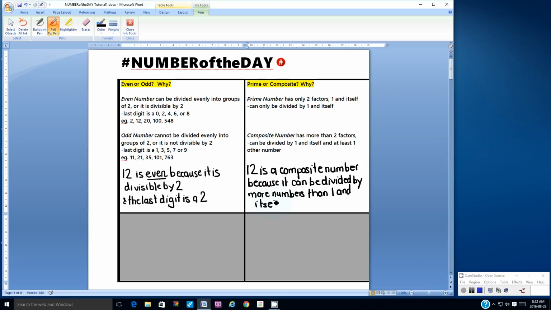So that is one way we can answer this question. Another way you could have written is 12 is a composite number because it has more than 2 factors. There are different ways to explain your understanding of the difference between prime numbers and composite numbers.